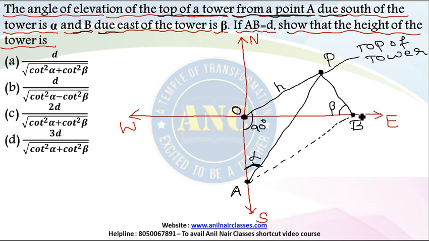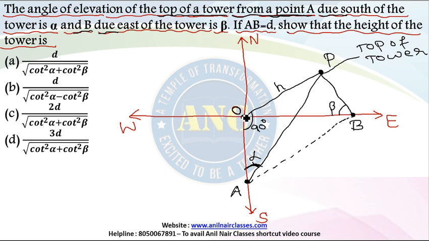I have tried my level best to explain in 2D representation, which is slightly difficult because it's a 3D representation question. I believe your visualization should be strong. I am giving a simple example. Keep the pen at this point on the screen.